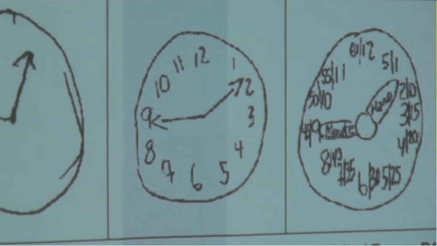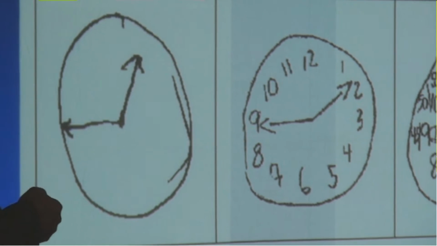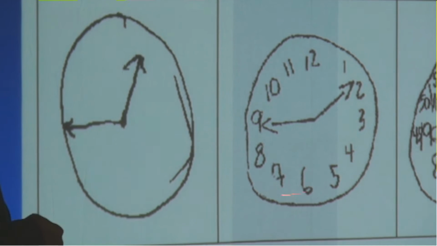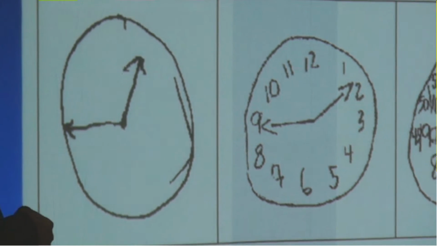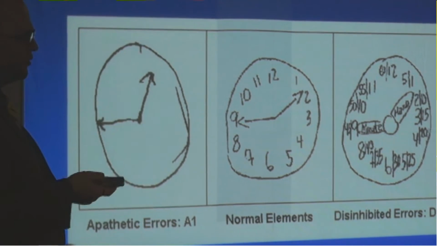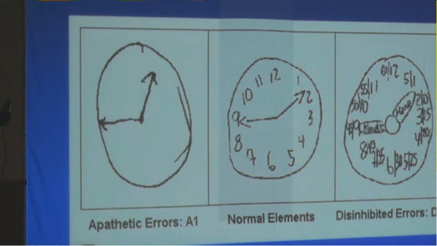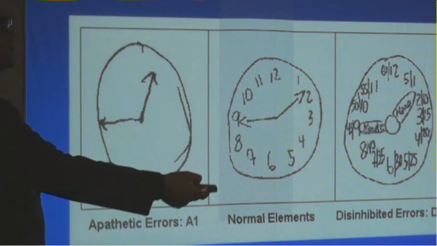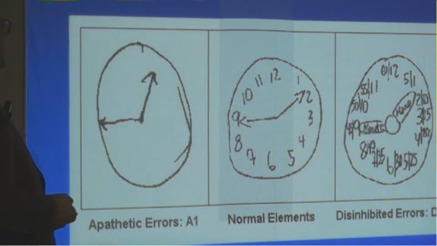So right here is another form of the errors that I was talking about earlier. The normal elements of the clock to your left are apathetic errors, and you can see in patients where we're talking about early behavioral disturbances of dementia, they just get stuck here and they don't go farther. Or they go the other way around, which is disinhibition. It's another behavior. They just keep going. You know?